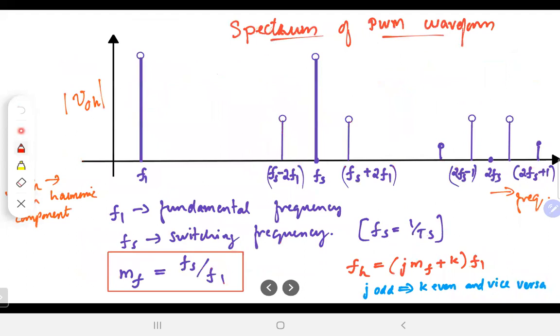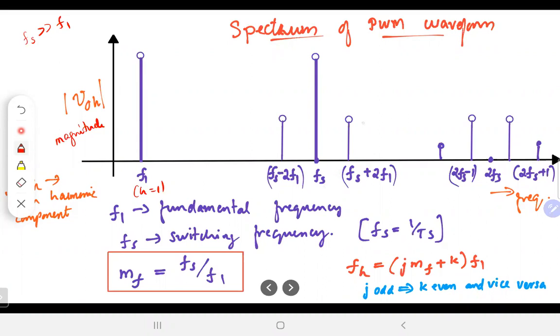Now, we look at the spectrum of this particular waveform. I have assumed that this fs is sufficiently larger than f1. But in general, if you plot the modulus of the harmonics, only the magnitude of the harmonics, fundamental as well as harmonic, for h equal to 1 to n, this h is equal to 1, and you have the fs, whatever the number it is.